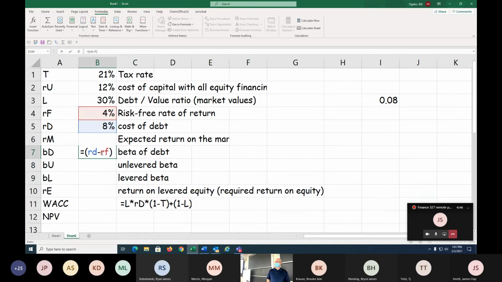Okay, and every one of these betas divided by, it's a ratio of risk premiums. So what's the risk premium in the denominator? It will always be the market risk premium. Okay, so we're going to say RM minus RF. See that? Excel very nicely highlights all the cells for you. And so we should get a beta of 0.6667.